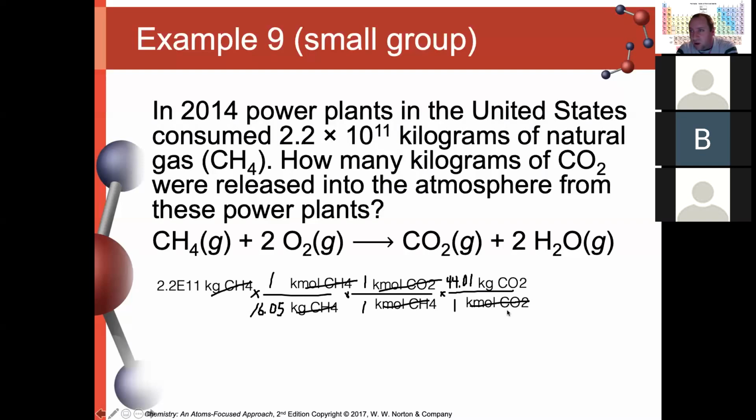If you converted the kilograms to grams, and at the end turned the grams back into kilograms, you would have found that you multiplied by 1,000 in one step and then divided by the same 1,000 in a later step. All this did was remove those two steps that would have canceled out anyway. If I do 2.2 times 10 to the 11th, multiply by 44.01, divided by 16.05, to two significant figures, I get 6.0 times 10 to the 11th kilograms of carbon dioxide.